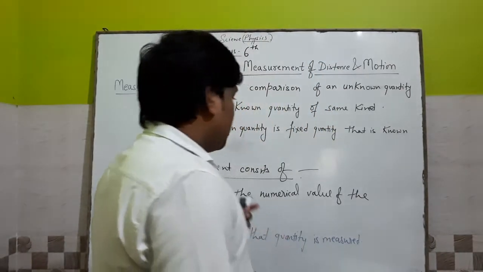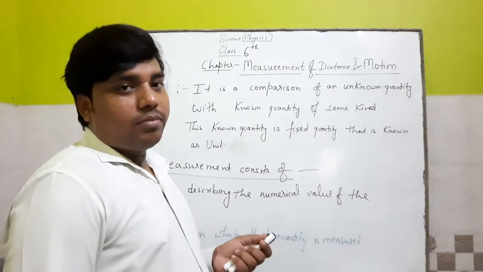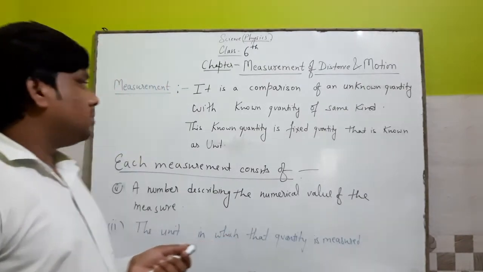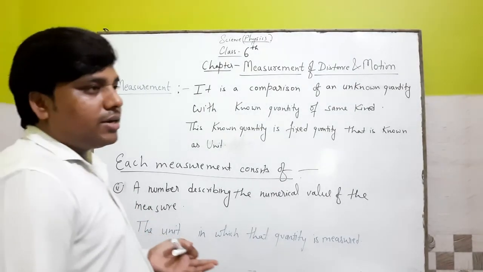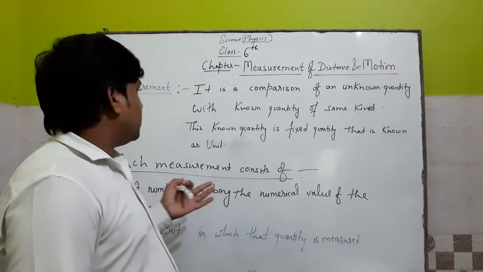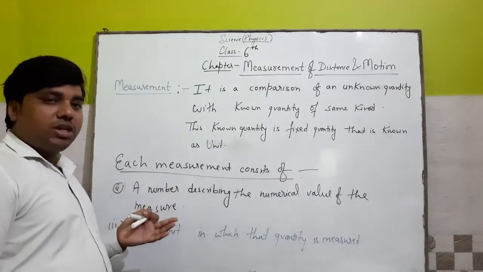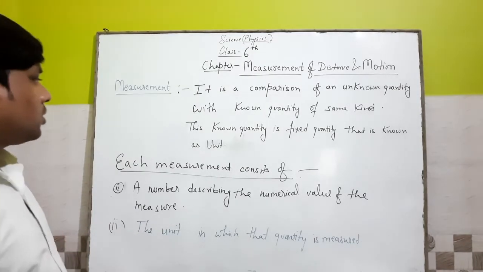Hand span, with the help of palm, with the help of foot. Okay? By these elements we have to measure the distance, dimension of the object. Okay?